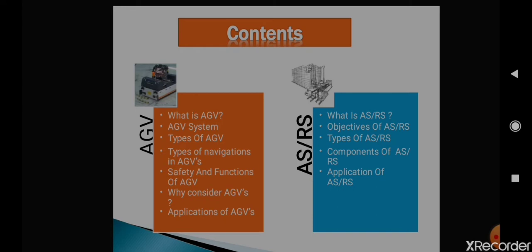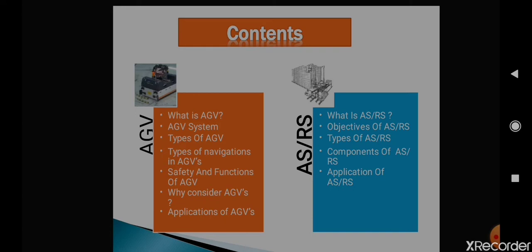AGV is nothing but automated guided vehicles, which are used to carry the components from one place to the other place, and usually the AGV will be a battery operated system. It will be like a small vehicle which will be carrying the parts from one place to the other place within the manufacturing system.